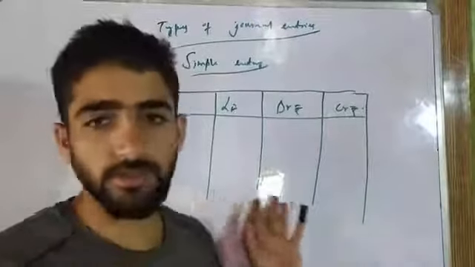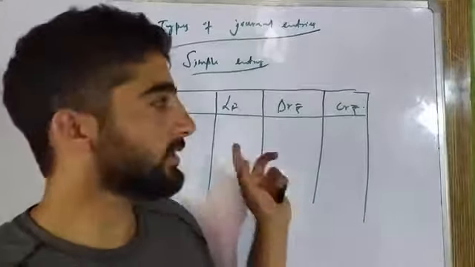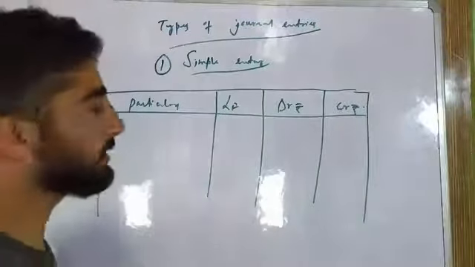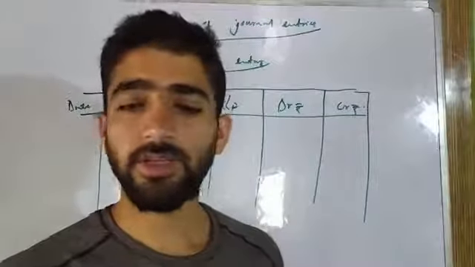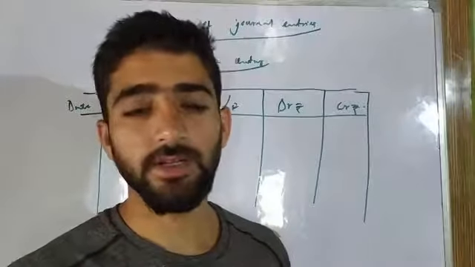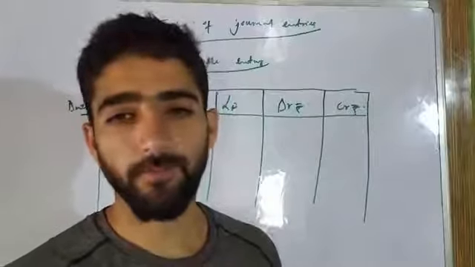This is the basic format of journal, and we will be studying the types of entries and solving some examples. Firstly, we took the case of a simple entry. What does the simple entry mean? I have already said that simple entries are those entries in which only two accounts are affected.